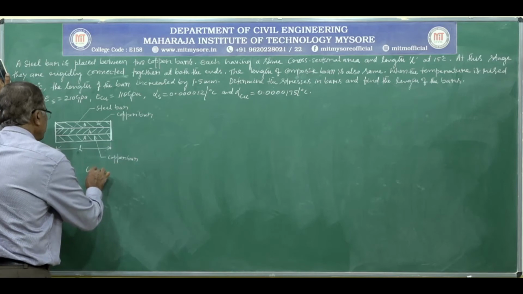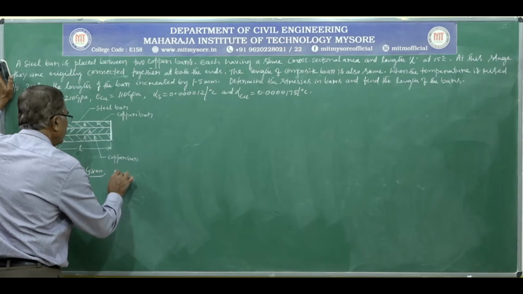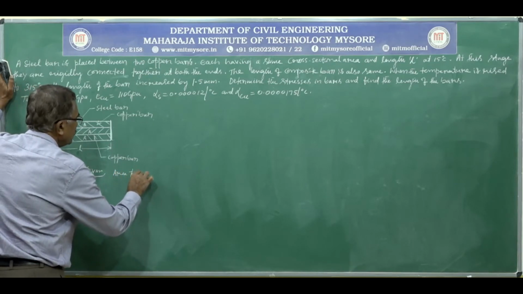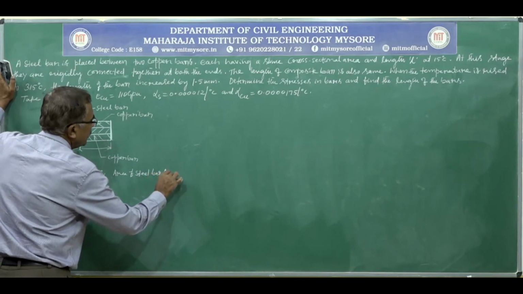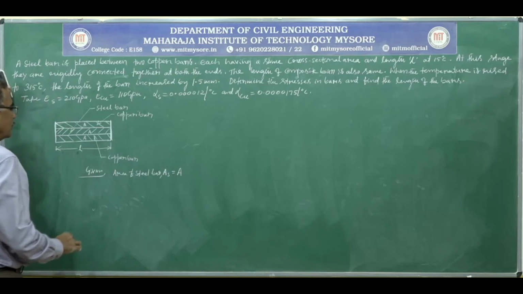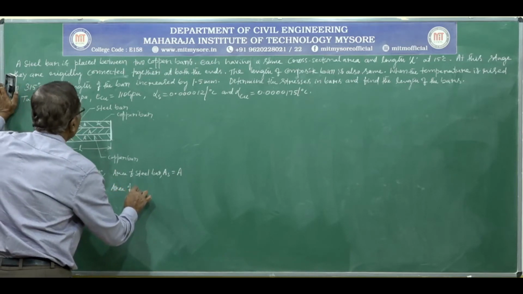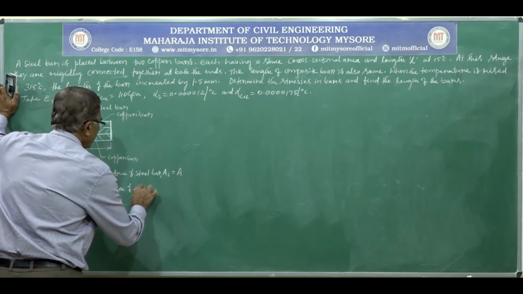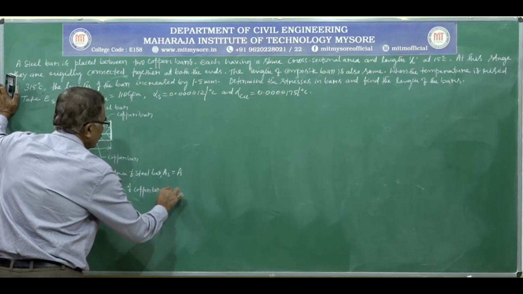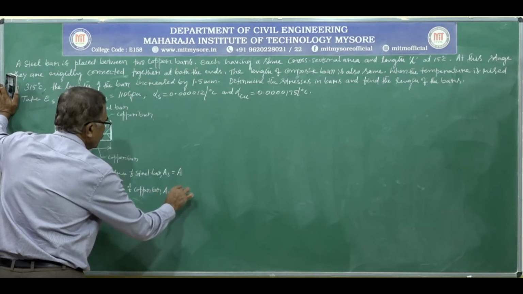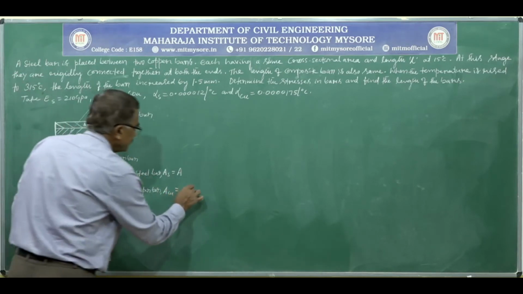Given: area of steel bar AS is equal to A. Next, cross sectional area of copper bar ACU is equal to 2A, since there are two copper bars.